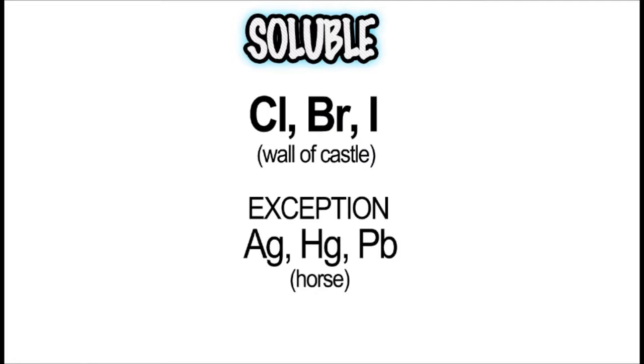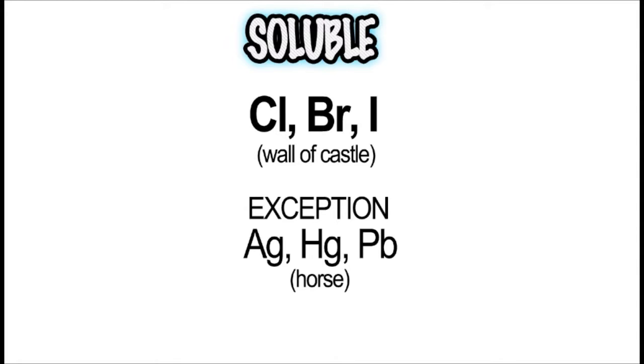Then we have the inner wall. The inner wall consists of chloride, bromide, and iodide, and these are soluble except when in the presence of the horse, like I said before, and the horse consists of silver, mercury, and lead.